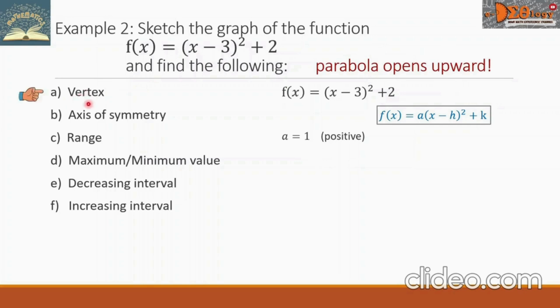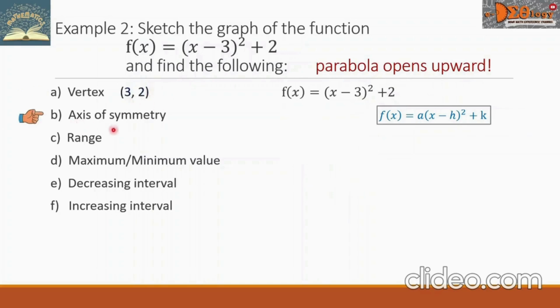Now let us solve for the vertex. Using our formula here, the vertex is the point (h, k). Correspondingly, the (h, k) is this 3 and this 2. So the vertex is (3, 2). Let's copy this answer opposite the vertex.